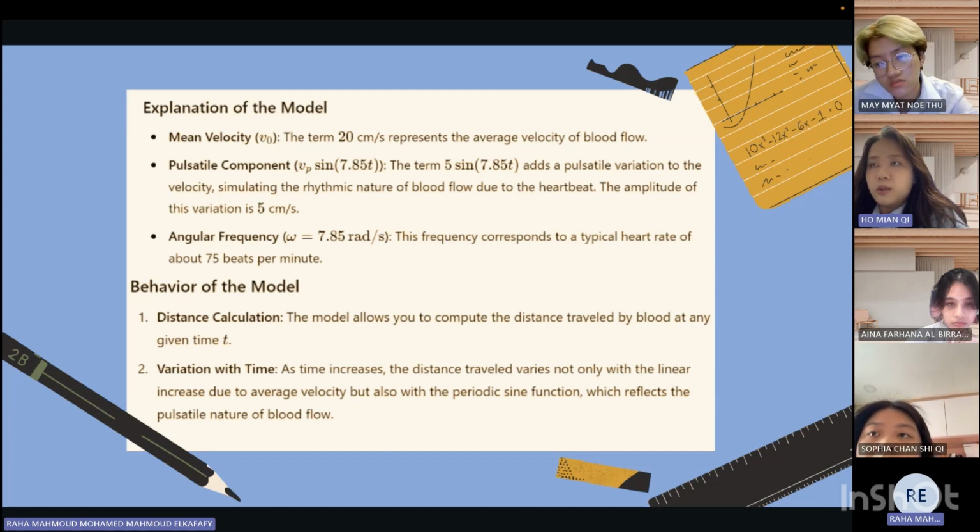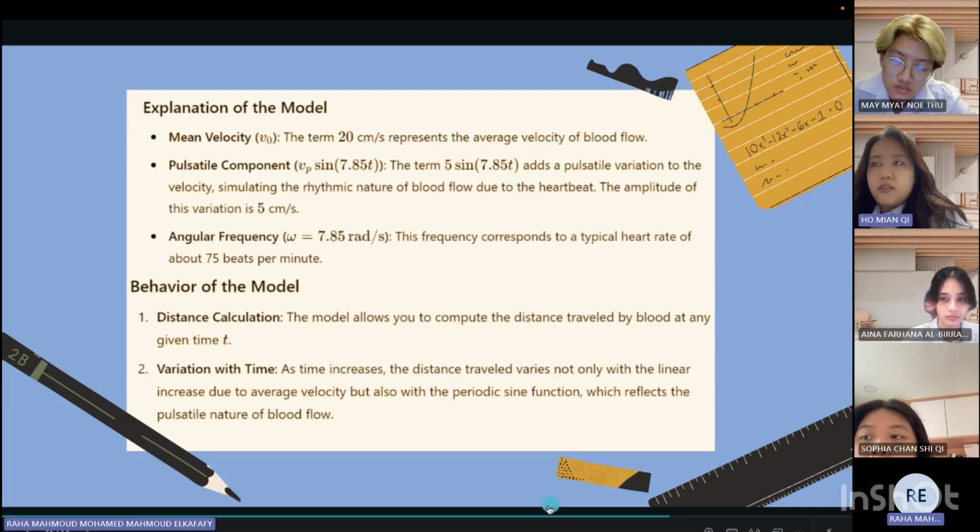In mathematical terms, finding the velocity involves differentiating the distance function, d(t), with respect to time t. By doing this, we can see how the blood flow speed varies at any instant, taking into account both the steady average velocity and the pulsatile changes.